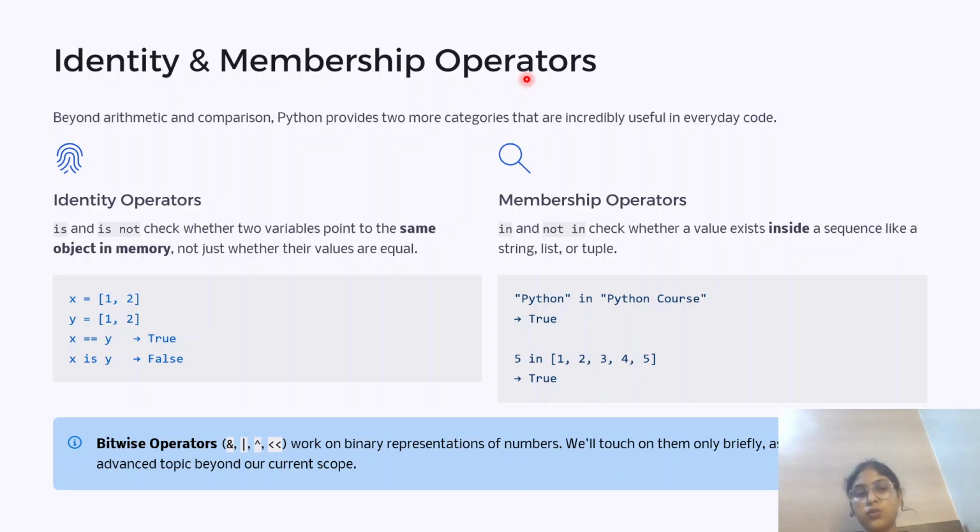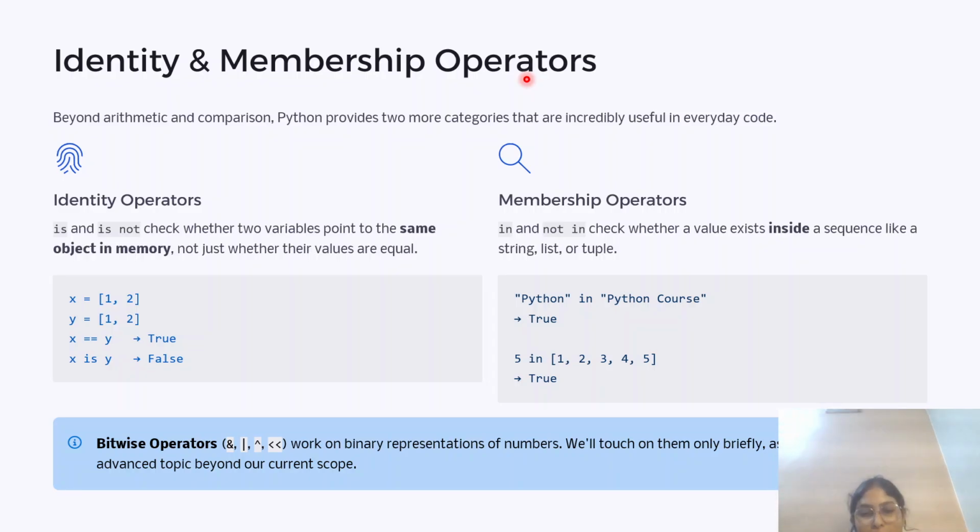Yes, 1, 1, 2, 2, true. It's good. But x is y? No, because they both have totally different memory locations. Both lists contain the same value, so double equals to gives true, but we create two different lists in different memories, and "is" returns false because they are not stored in the same memory.